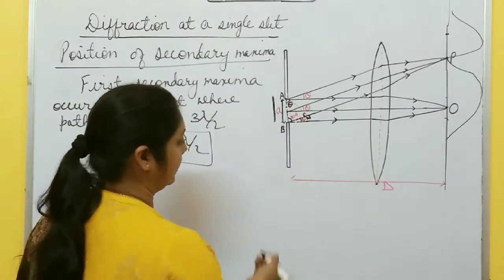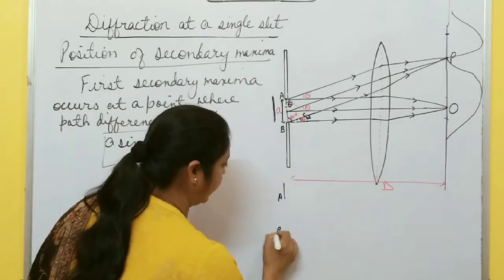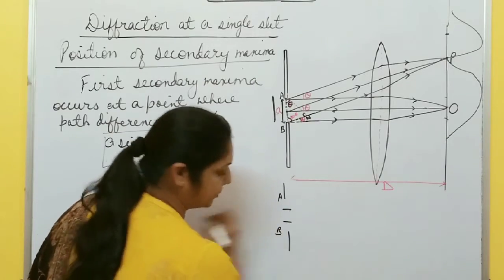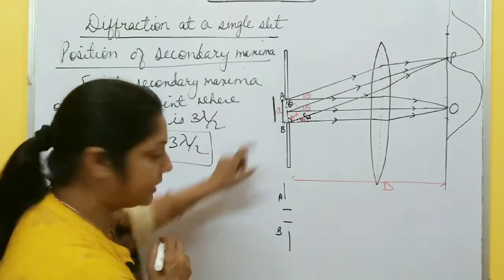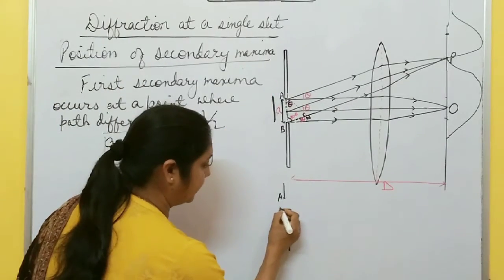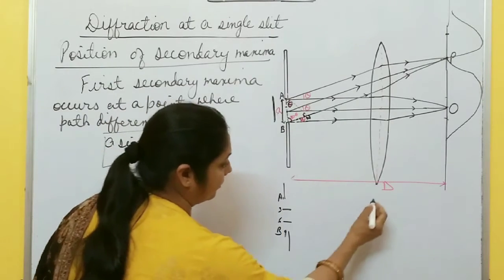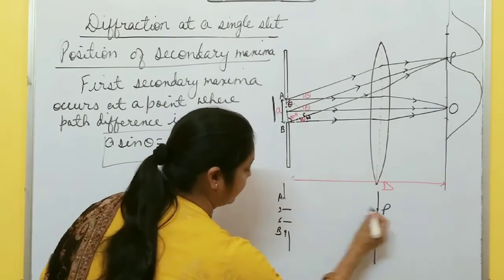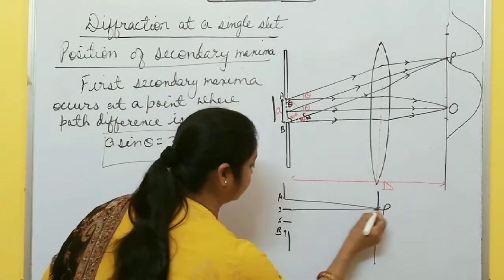To prove this one, let us suppose that this slit AB is divided into 3 equal parts, right? So this is the slit AB, and it is divided into 1, 2 and 3 equal parts. Suppose there are 9 point sources, so 1, 2, 3, then 6 and then 9. Now at point P, suppose rays reach point P, okay?